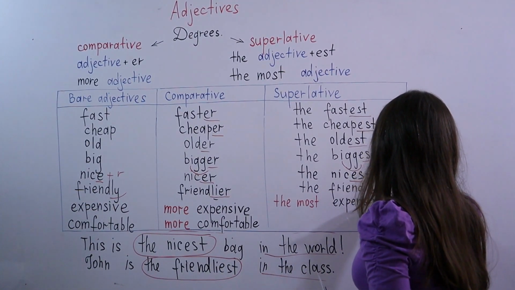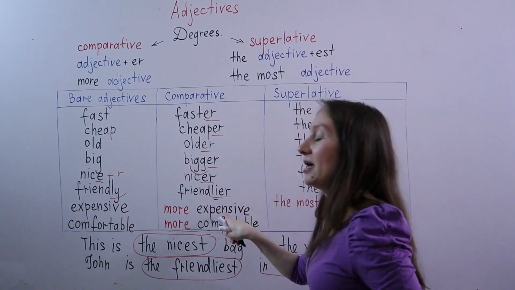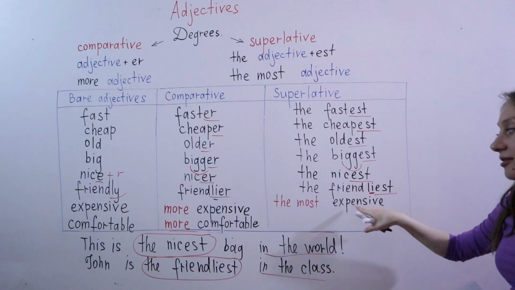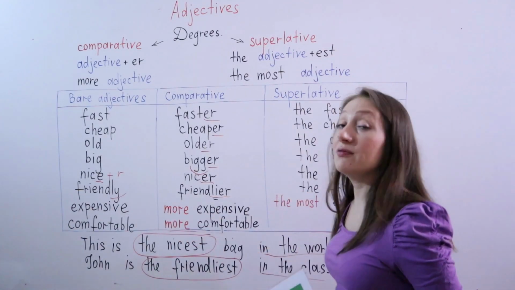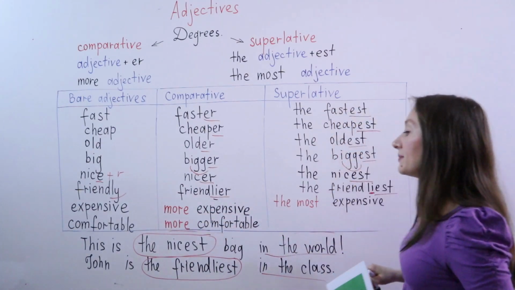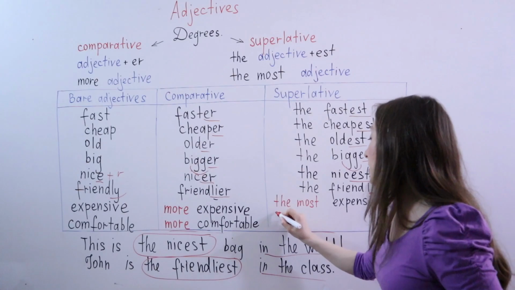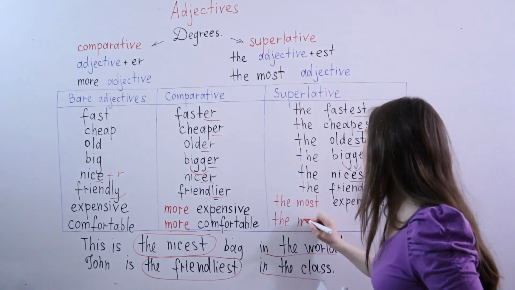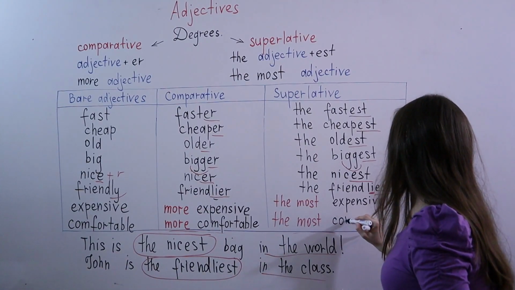Yeah, the same adjective. Copy paste. Copy paste, all right? More, the most. And the same rule for adjective comfortable. More comfortable, the most comfortable. All right? The most comfortable.